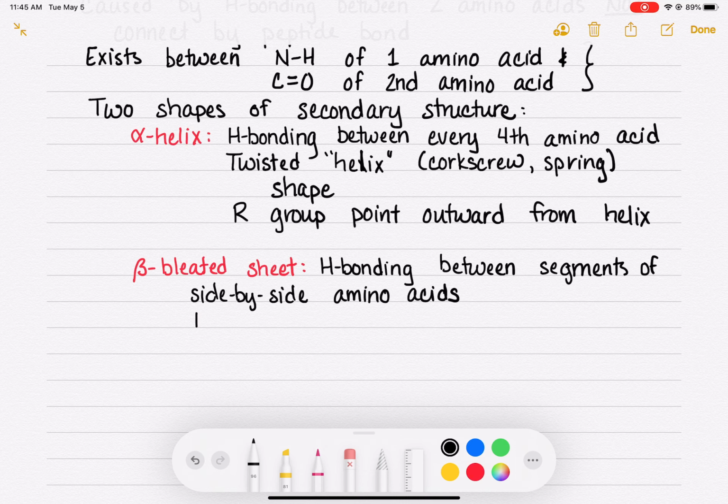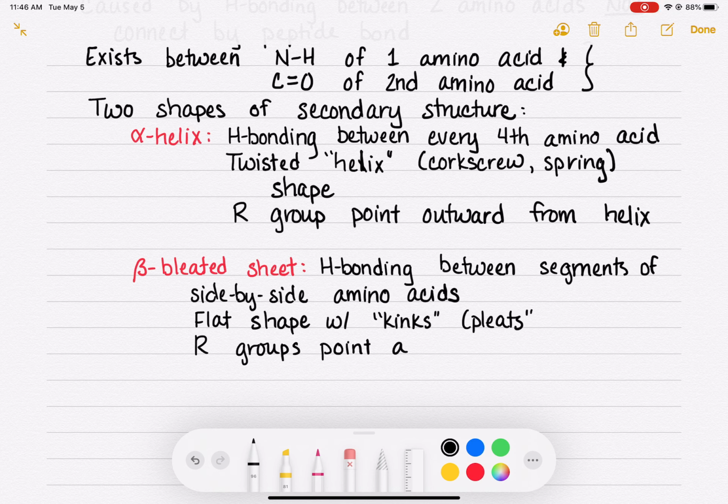And this causes a flat shape with kinks in it that we call the pleats. And the R groups point above and below the sheet.